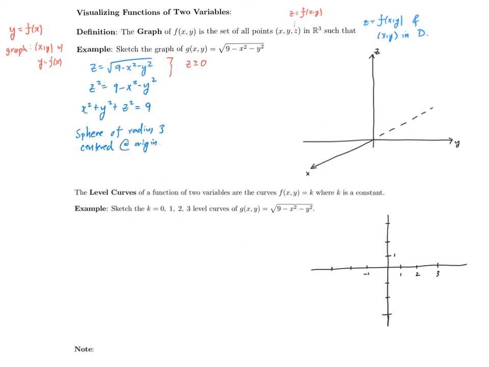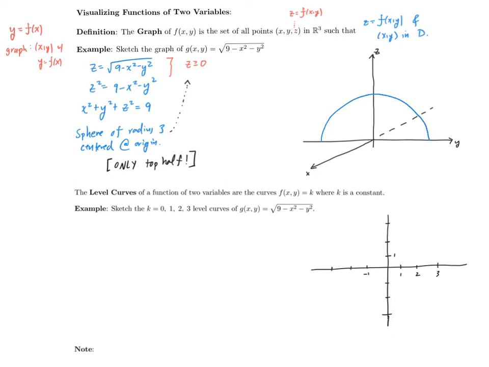But remember our observation that we made above, it's not the entire sphere. It's only going to be the top half, because we need to satisfy the relationship we observed above. And this is something that we can easily graph: the top half of a sphere of radius 3 centered at the origin.